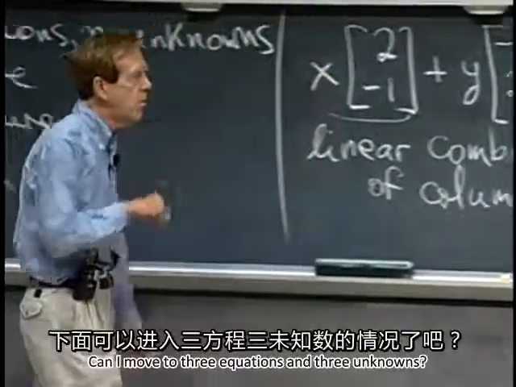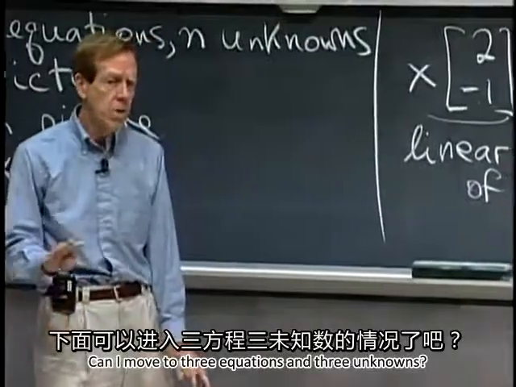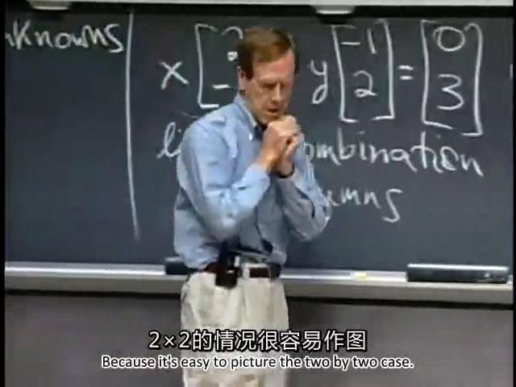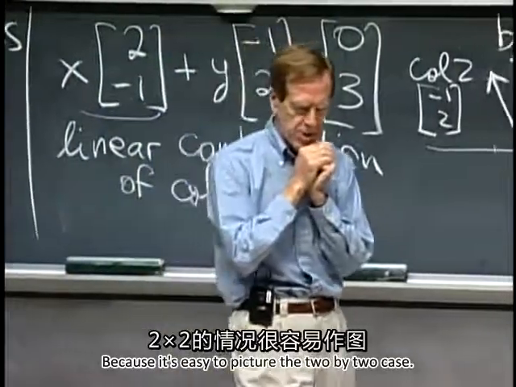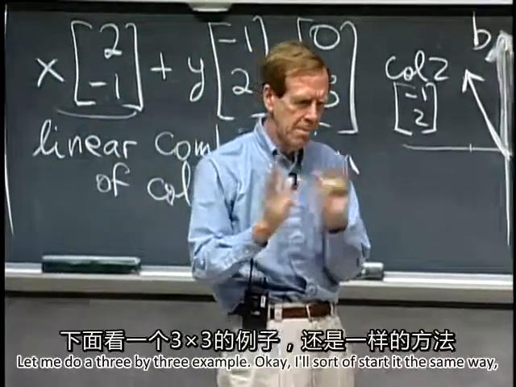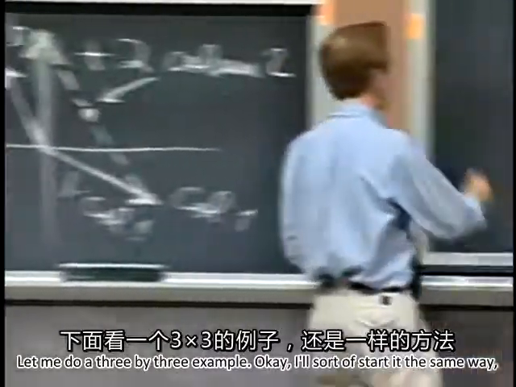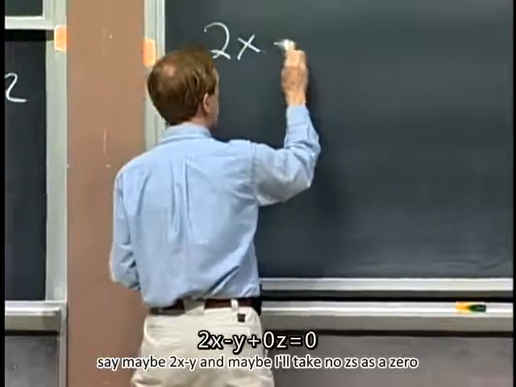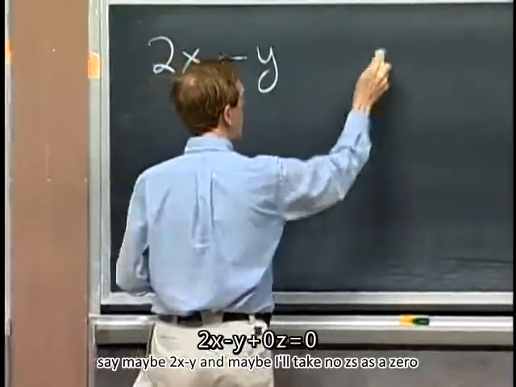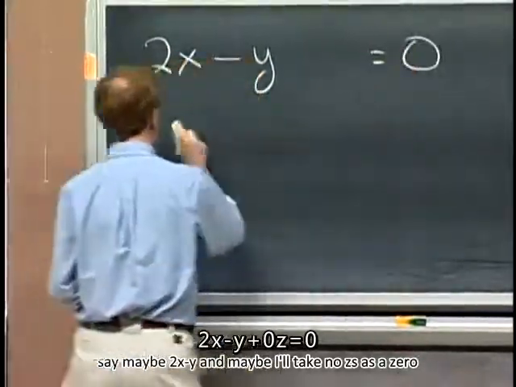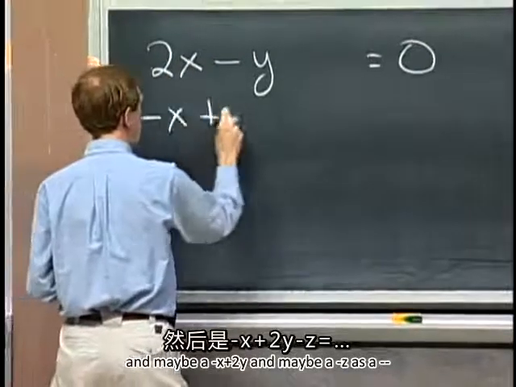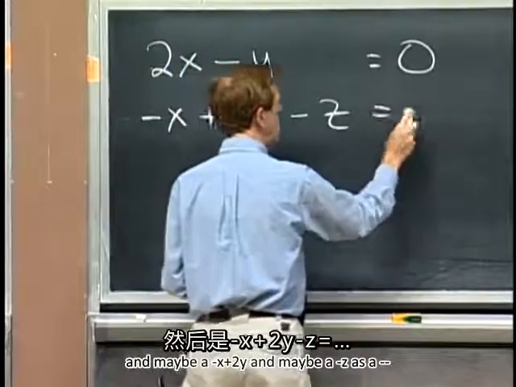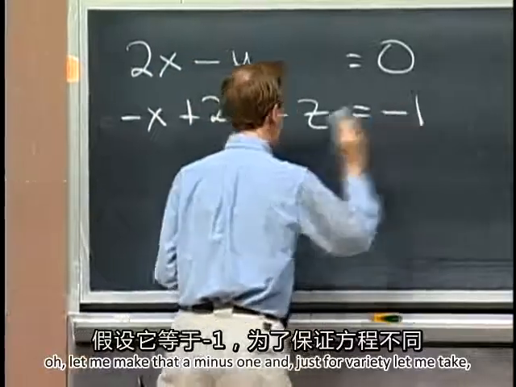Okay, can I move to 3 equations and 3 unknowns? Because it's easy to picture the 2 by 2 case. Let me do a 3 by 3 example. I'll start it the same way, say 2x minus y, and I'll take no z's as a 0, and a minus x and a 2y, and a minus z is, let me make that a minus 1.